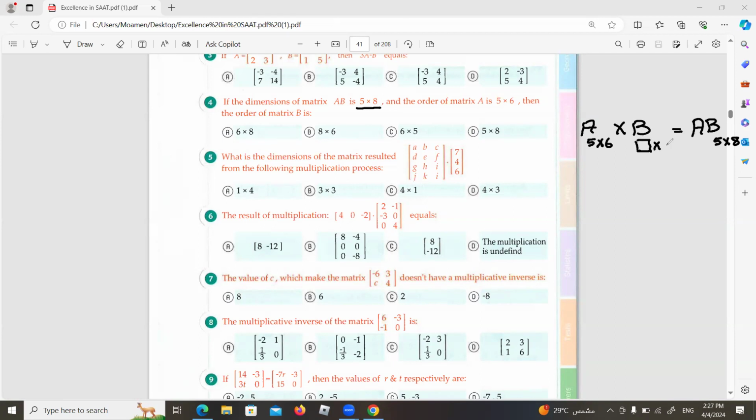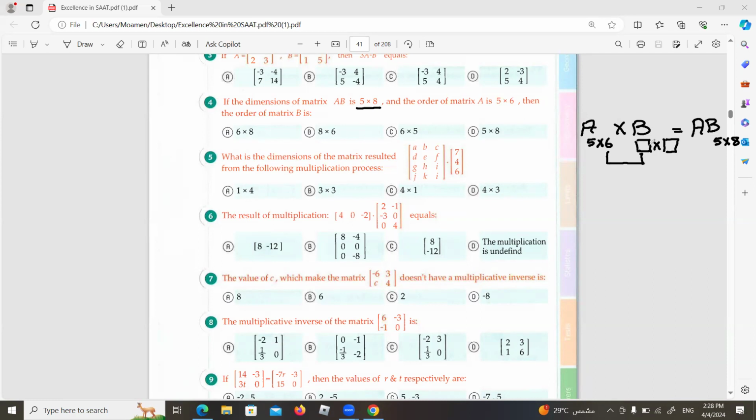So I have here two numbers multiplied together. We said that to perform the multiplication operation for two matrices, you must get the same number inside, or the means will be the same, like this.